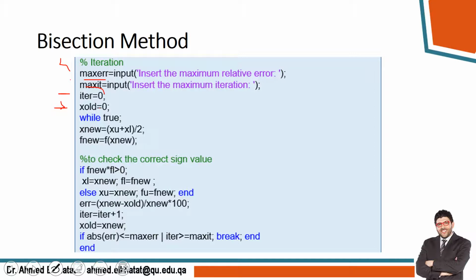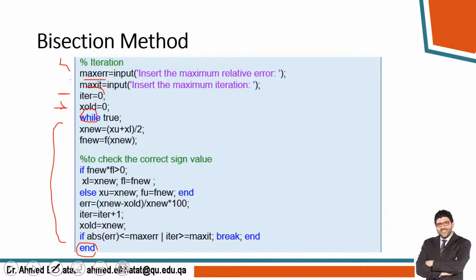Okay, now we use while true and end. Of course, if you are working with Octave, it will be end while. So while true, that means the loop repeats.